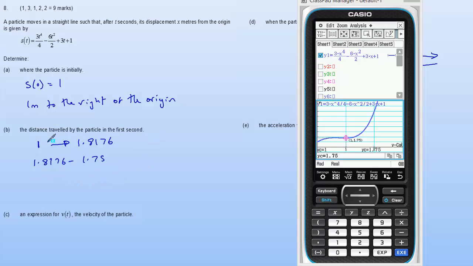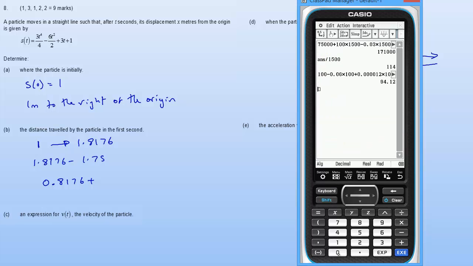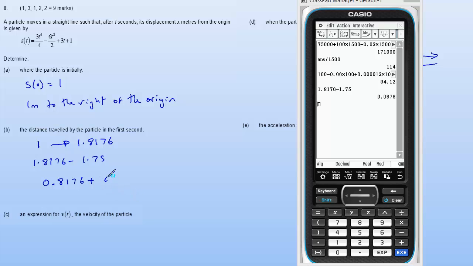So our distance travelled is 0.8176 plus, we just go to main, we do 1.8176, take away the 1.75, 0.0676.